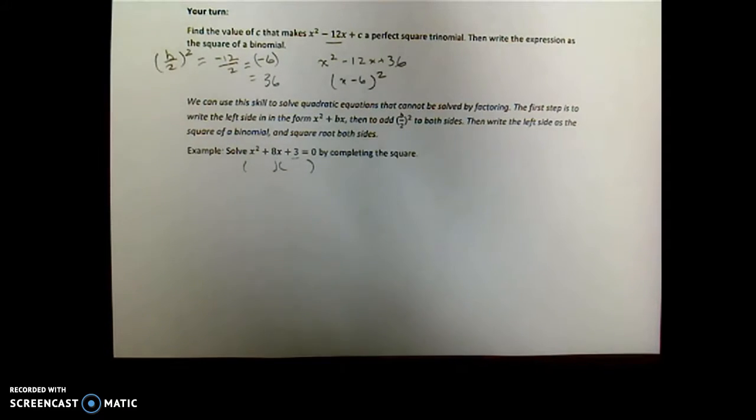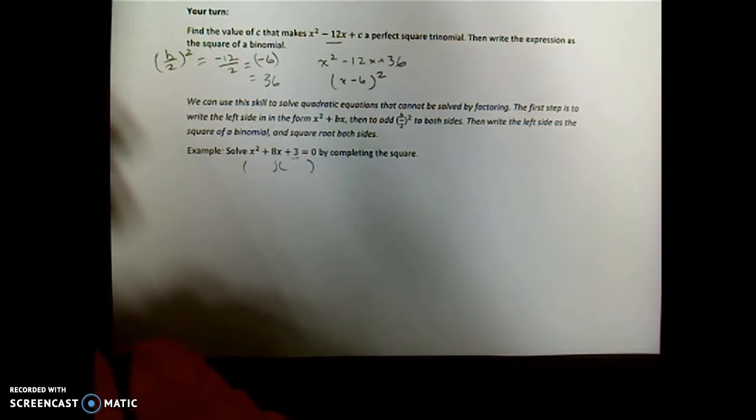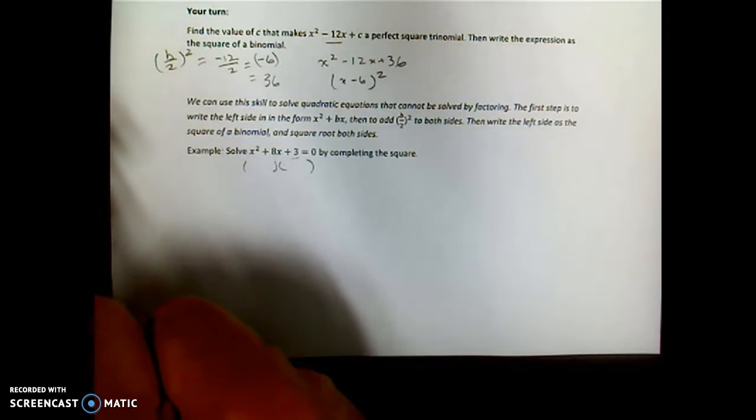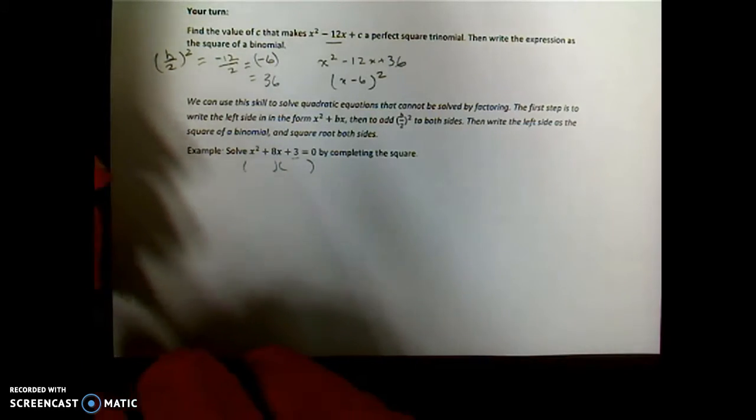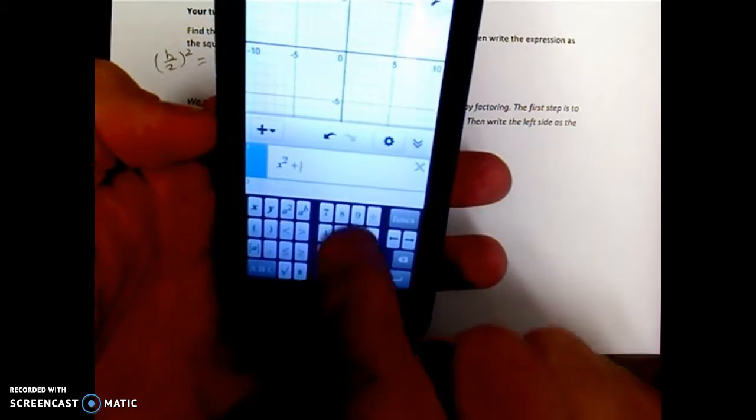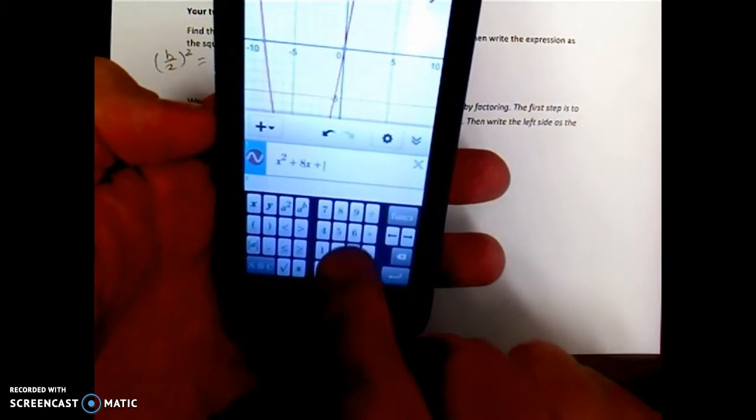I said, well, does that mean that there are no solutions? The students thought about that for a minute, and I challenged them to take out their phones and open up their Desmos app. We graphed that function, x squared plus 8x plus 3.